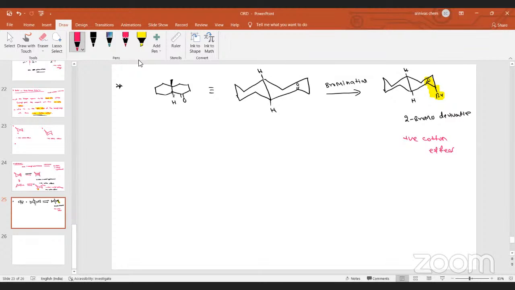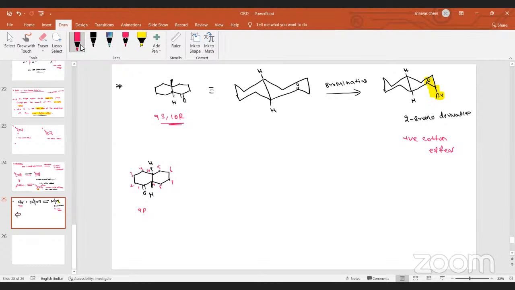Okay, so this is the 9S,10R configuration. Counting the carbons: 1, 2, 3, 4, 5, 6, 7, 8, 9, 10.